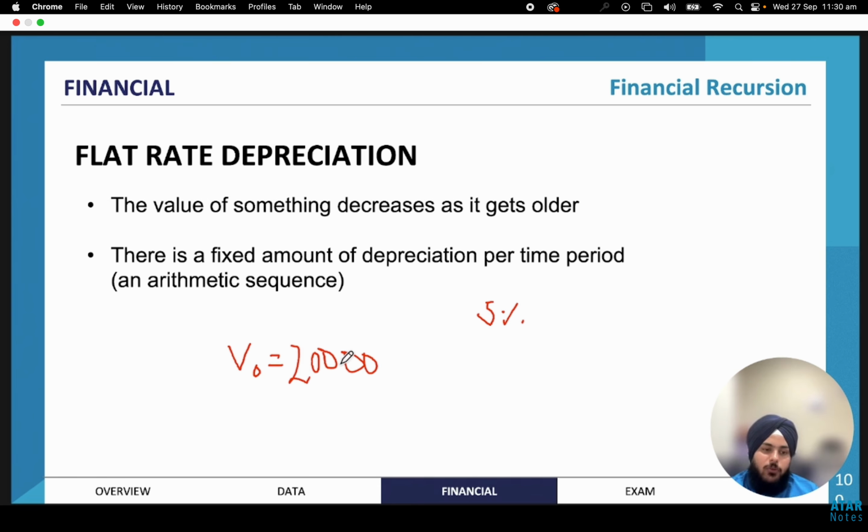So what is 5% of 20,000? If I were to quickly calculate this, that would be around $1,000. Therefore the value of the car is decreasing by $1,000 each year. So the recurrence relation might look something like this. Vn plus 1 is equal to Vn minus 1,000.